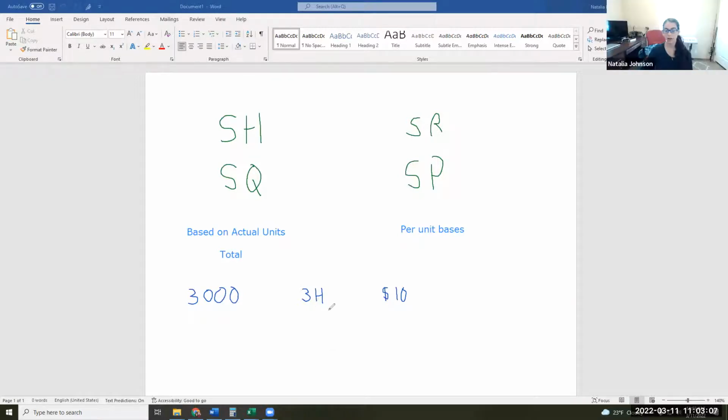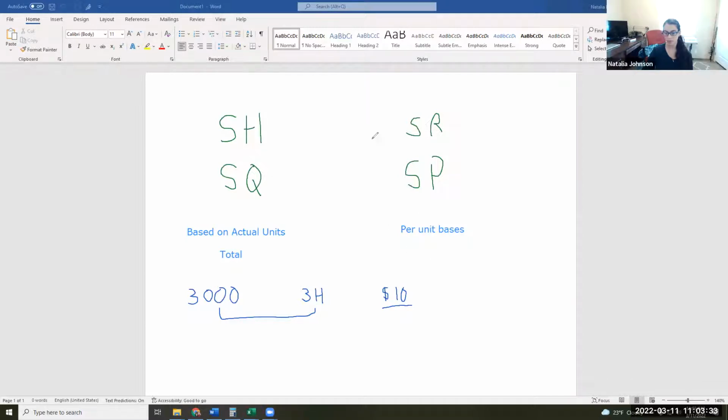Well, 3 hours is the standard hour, but per unit. The number that we're going to use for the pitchfork or the formulas is the total. So we always multiply 3 hours times 3,000. Meanwhile, the standard rate is just $10, so you don't multiply times the units.